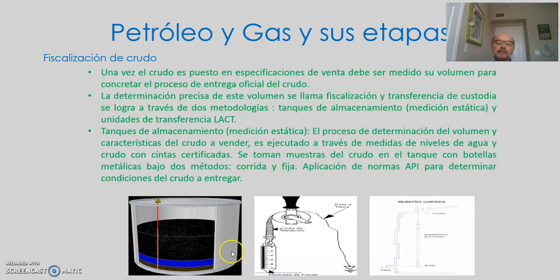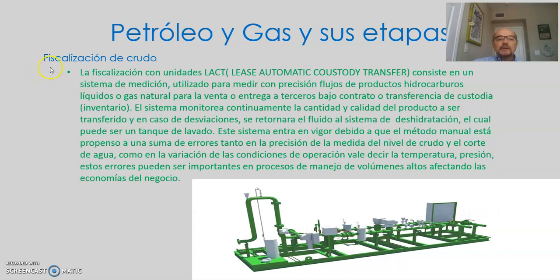So when we have the tank, we take samples, each one at some depth in the tank, and make sure that we have 0.5%, normally 0.5% water cut, to be pumped to the pipelines. And also we have the lease automatic custody transfer, which is a system where the oil gets in here, and they have some three-phase separators to help separate the rest.